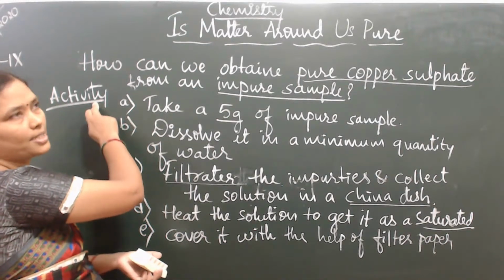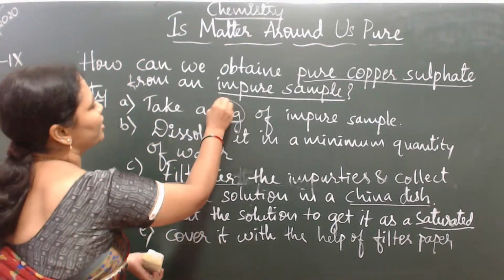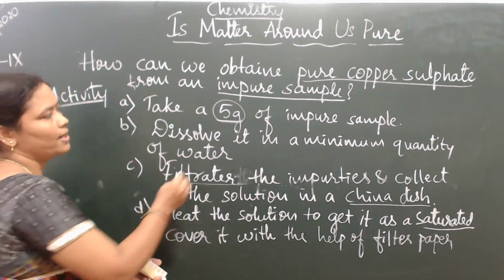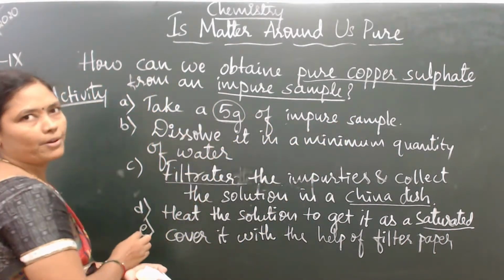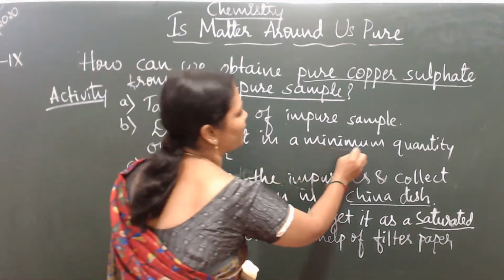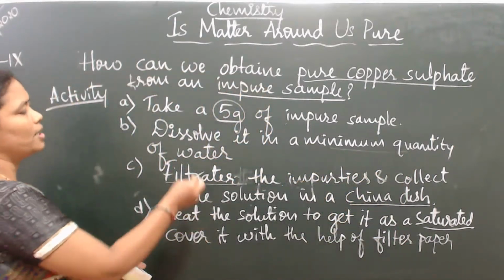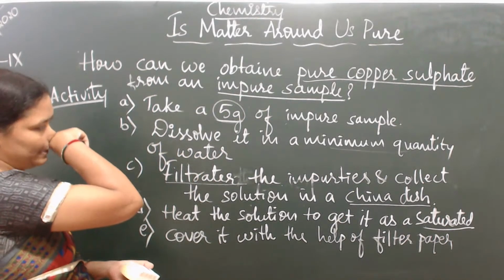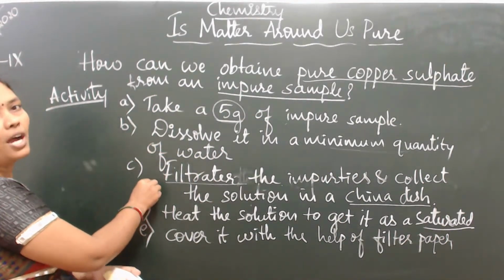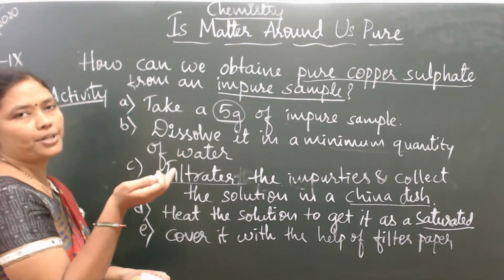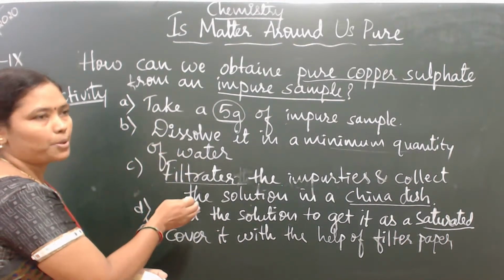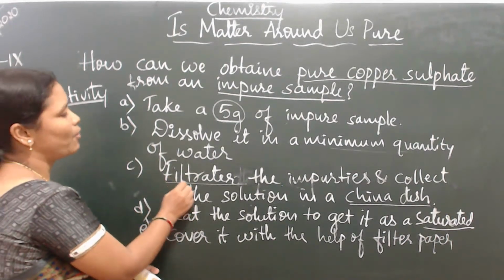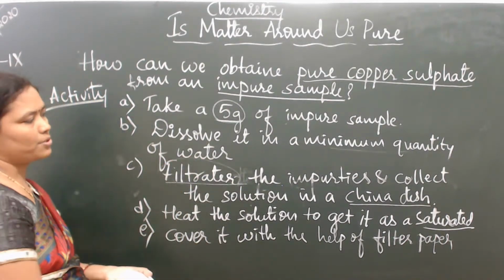To perform this activity, we have taken 5 grams of impure copper sulfate sample, and with the help of a small quantity of lukewarm water, we have dissolved it. After dissolving, some of the impurities present in the sample may be removed with the help of a filtration process.